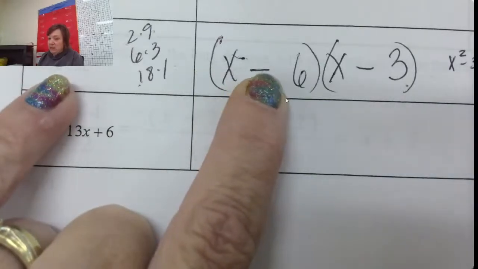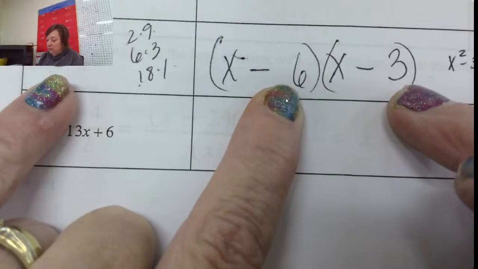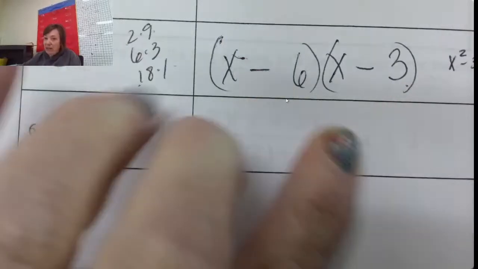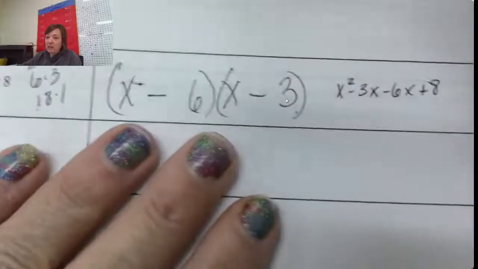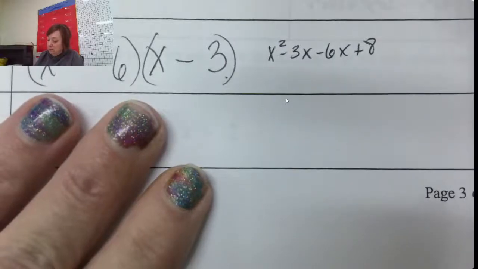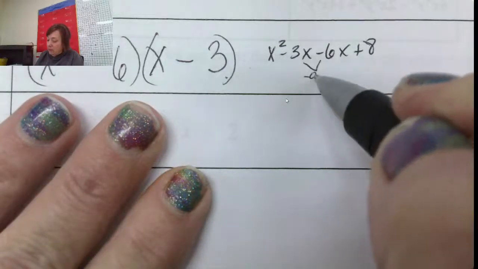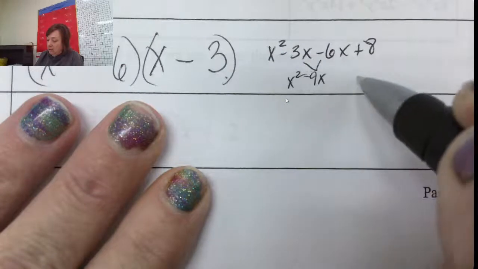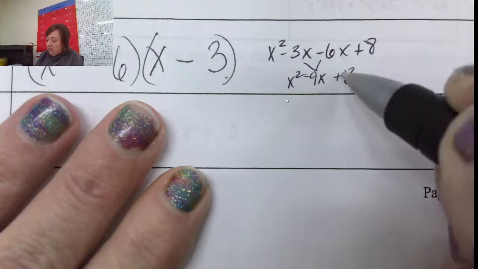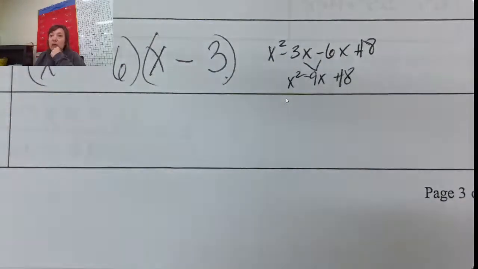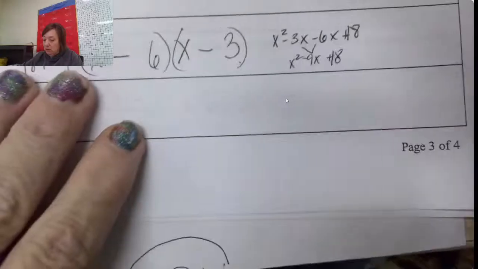What's negative 6 times negative 3? 18. And if you combine negative 3x and negative 6x, what do you get? Negative 9x. So did we get the same thing? Yes, so since we got the same thing, we know we factored it accurately. Does that make sense?